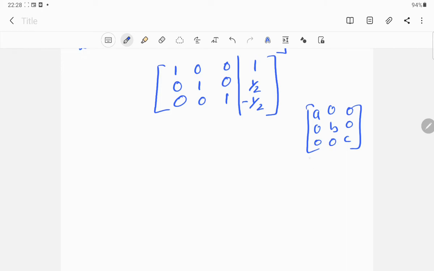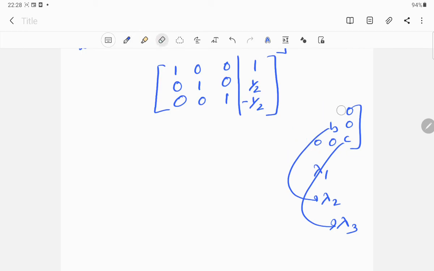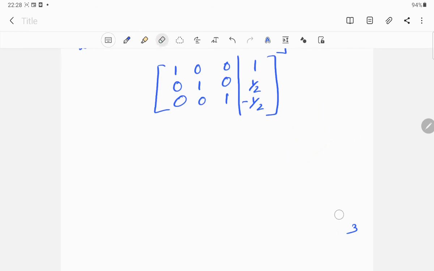Out of this, A represents the eigenvalue 1, this represents the eigenvalue 2, and this represents the eigenvalue 3. So we need not solve it here, we can simply write it down. So therefore the solution of those equations is nothing but x1 is nothing but diagonal element 1, that is nothing but 1, this one.